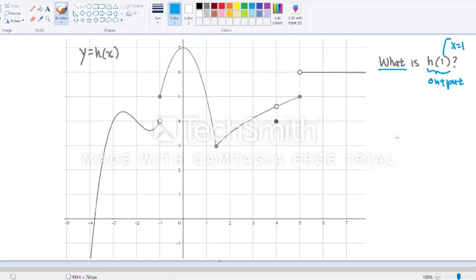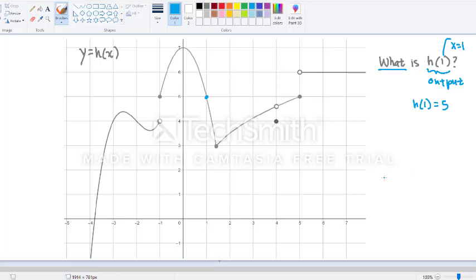The way we talk about outputs, as soon as I see the word what, I know I'm looking for an output. And so I just need to read this graph. Well, here's the input, x equals 1, right? And I can just look on this graph and see that there's a point right here, and therefore the output is 5.